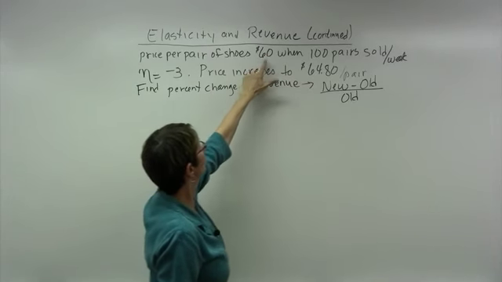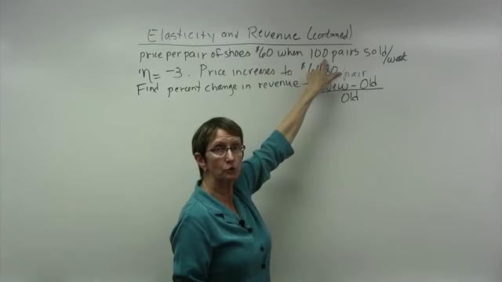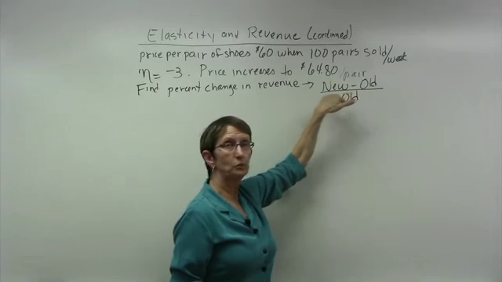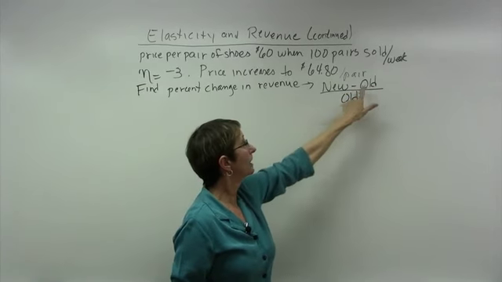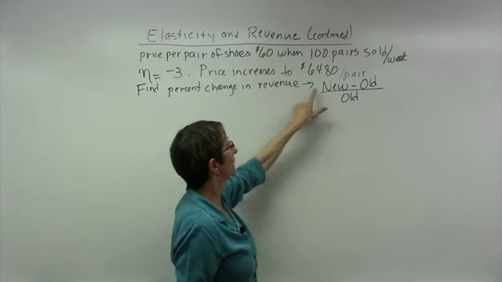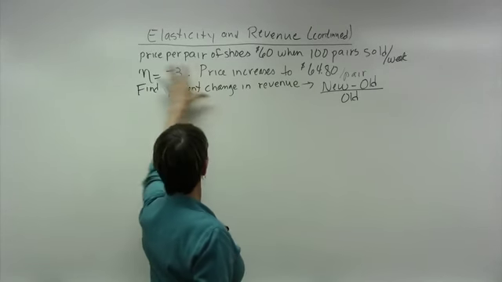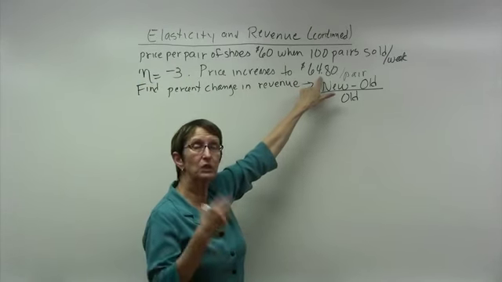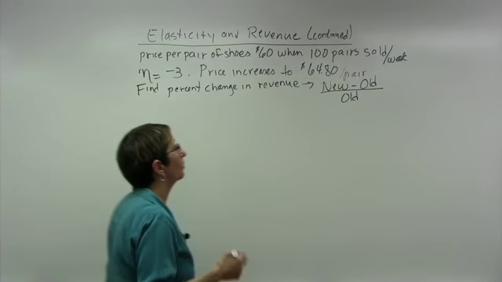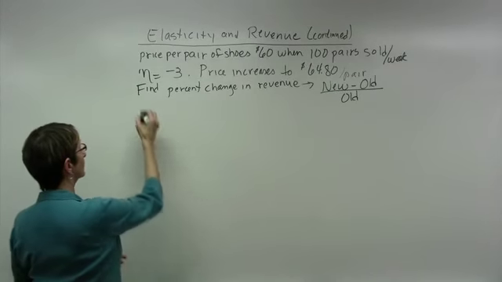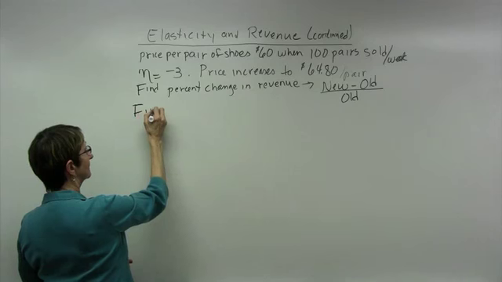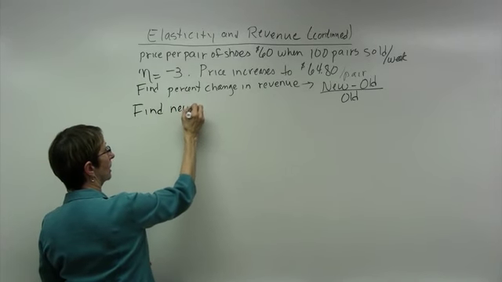P times Q would be 60 times 100. Our old revenue is $6,000. Now, that goes in two spaces. What we have to determine is the new revenue. New revenue, we have a new price. We don't have a new quantity. So our step to begin with is to find the new quantity.